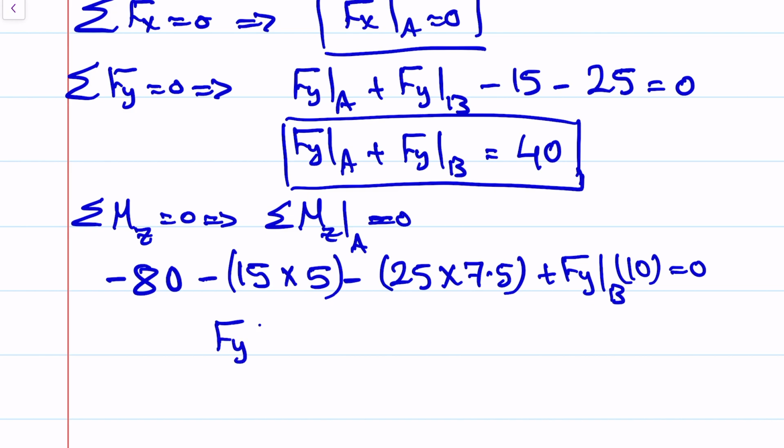So the Fy at point B, solving this, should give you 34.25.